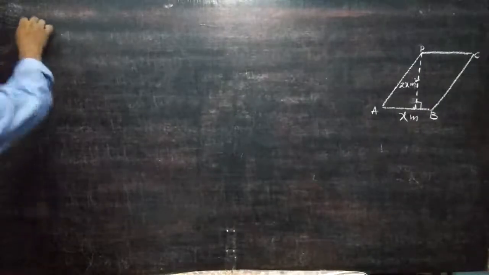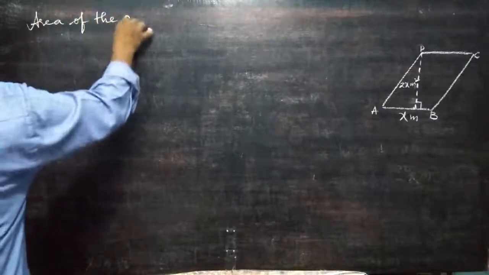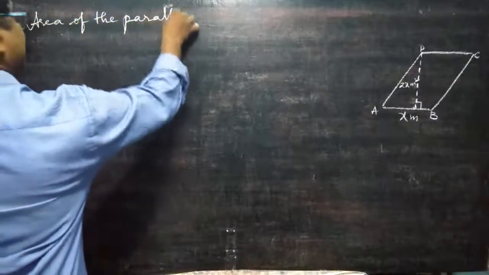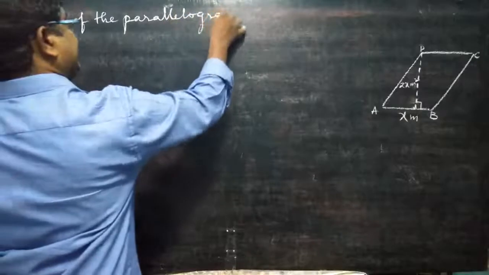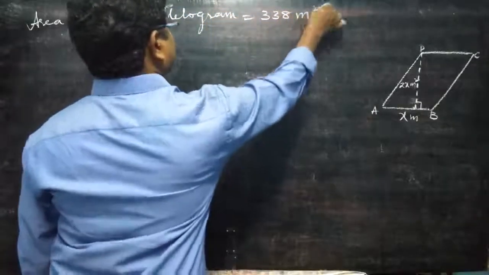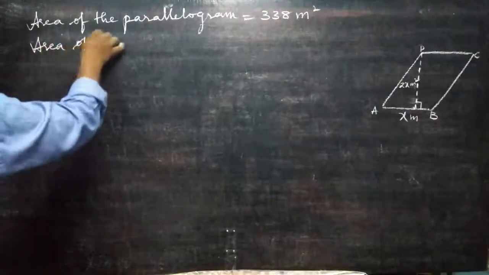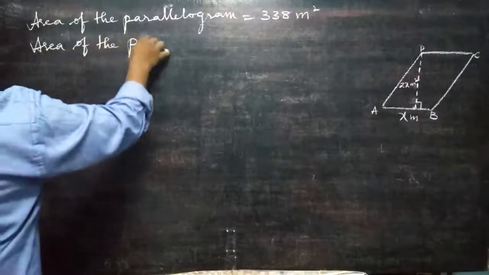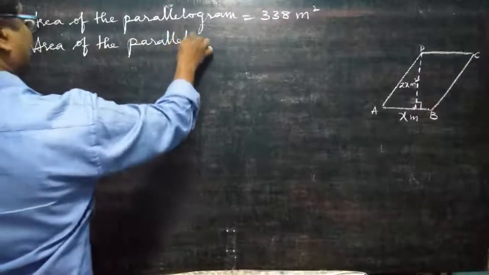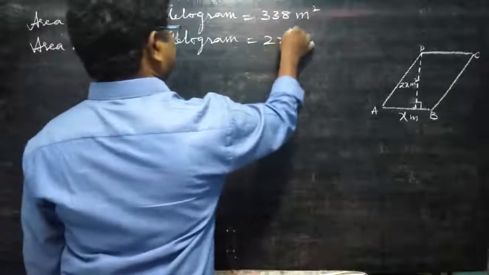Now area of the parallelogram given in the problem how much? 338 meters square. And through formula from the problem, area of parallelogram we got is 2x square meter square.